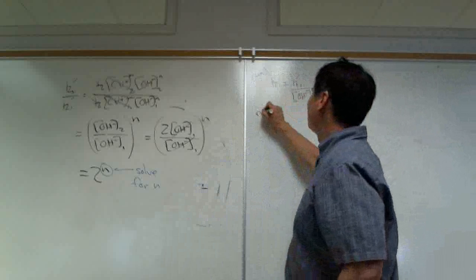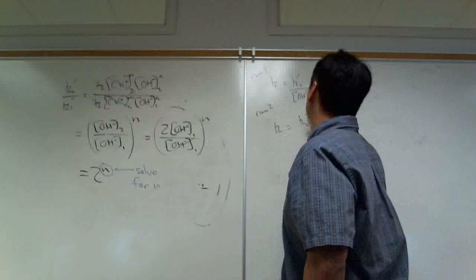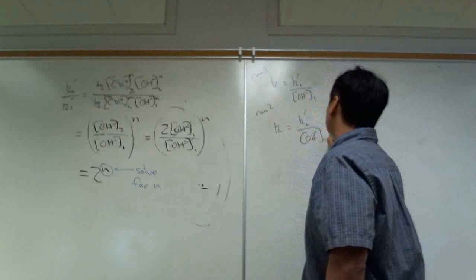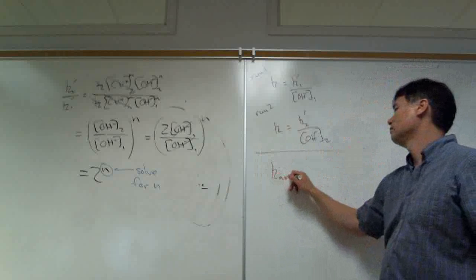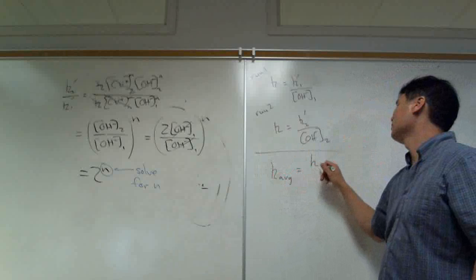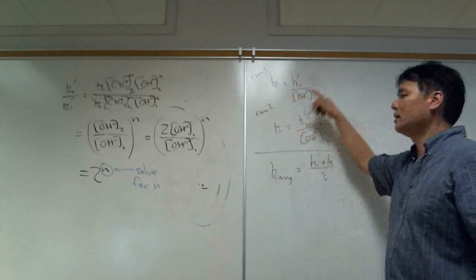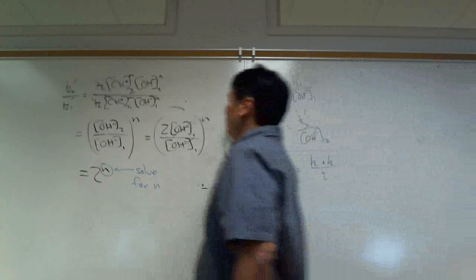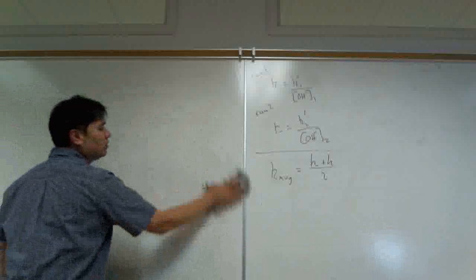Okay, and from run 2, we have k is equal to k prime 2 divided by the hydroxide from run 2. And then we'll just get k average. K average is just k from run 1 plus k from run 2 divided by 2. They should be the same number. The k primes aren't going to be the same number because of the factor of the hydroxide ion concentration. But the k should be equal.